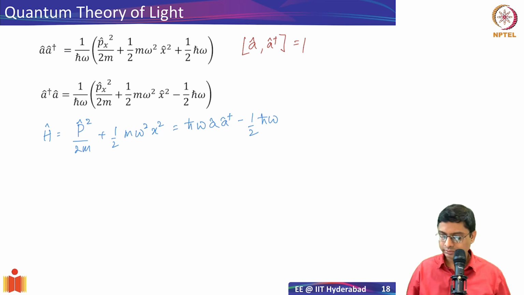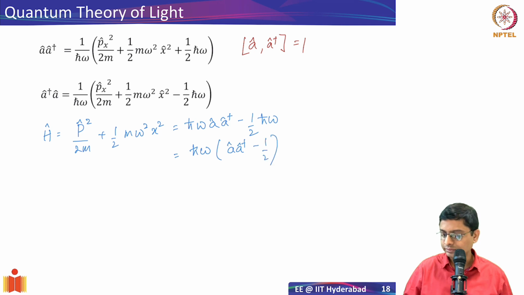Correct? So that is equal to h cross omega, if I take out common, a dagger minus half.